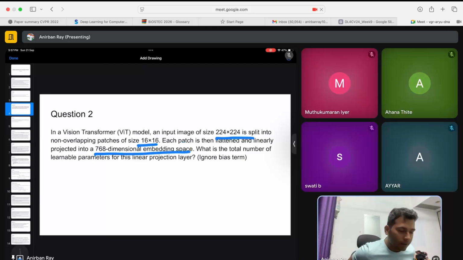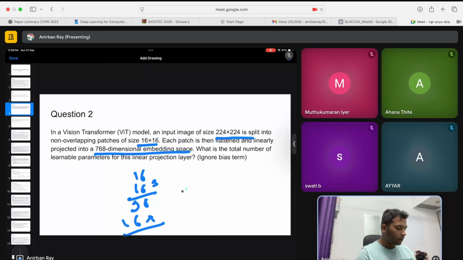So this is the question we have here. So what you have is that it is first made into patches of this. Then it's flattened. Okay, so 16 into 16, how much is it? 256, right?